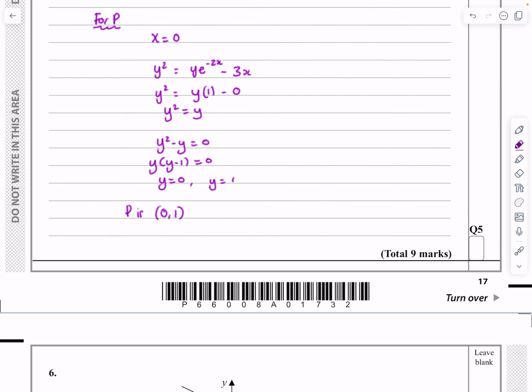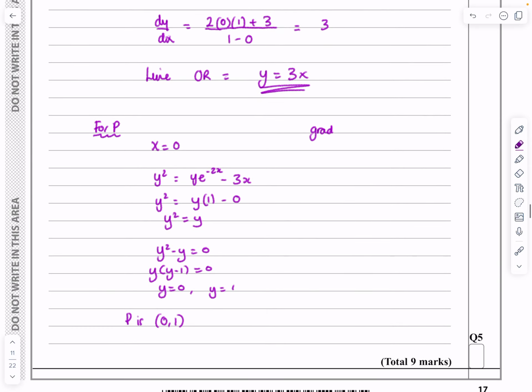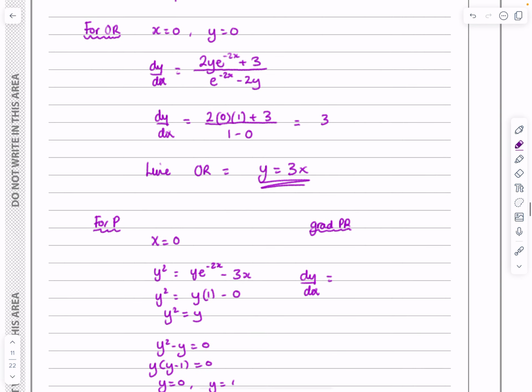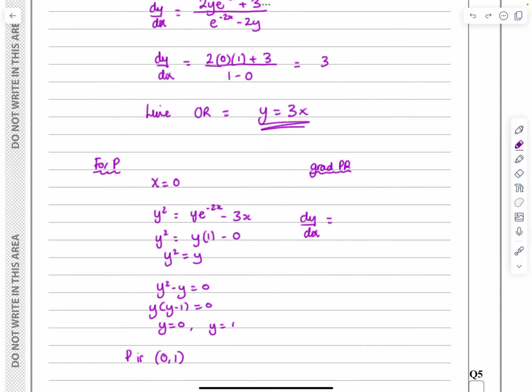So if I now want to find the equation of that line, let's find the gradient at that point. So gradient of OP, sorry, gradient of PR, should I say. I've run out of space here, so I'm going to have to do it here, I'm afraid. Gradient of PR, I want to do that, dy by dx is equal to, and again, remember, we're just using this function up here, but we're now putting in the points 0, 1 this time.